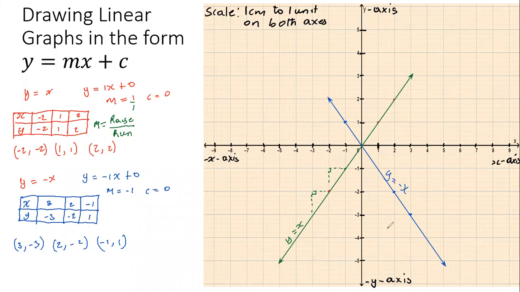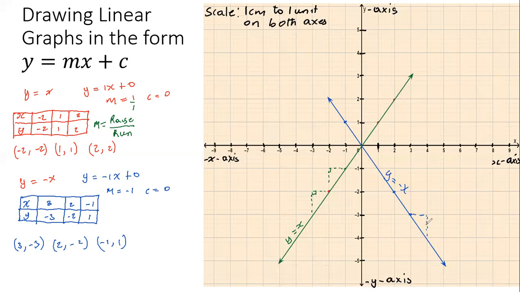All right. So as you can see here, we could find the gradient by picking any 2 points. So let's say I pick a point here and I go up 1 unit, which will take me here, and I run one, it will take me to this point, which creates a right angle triangle.